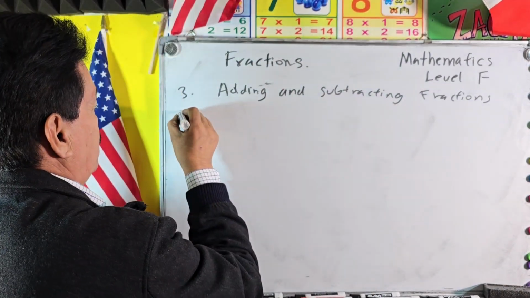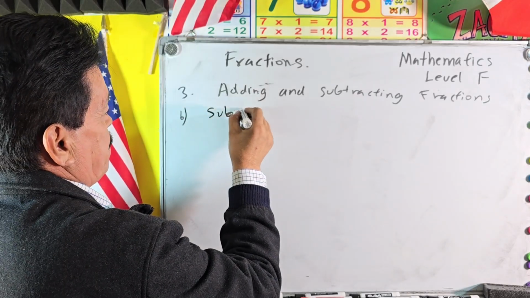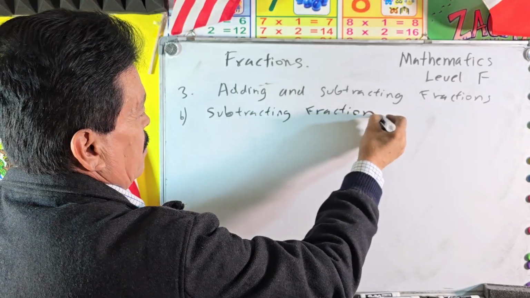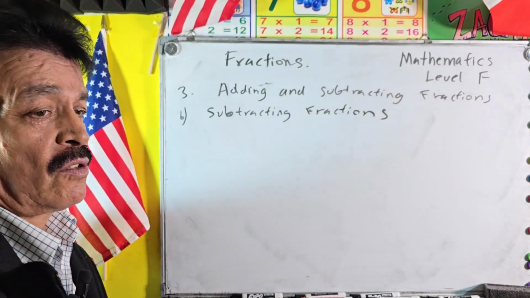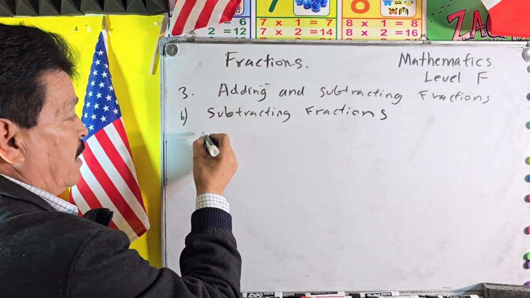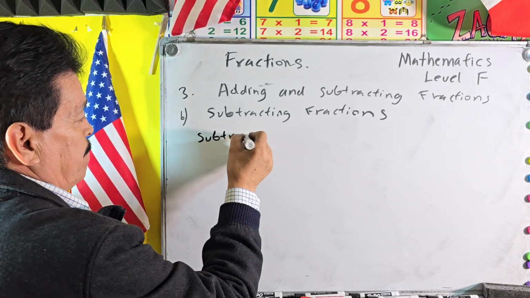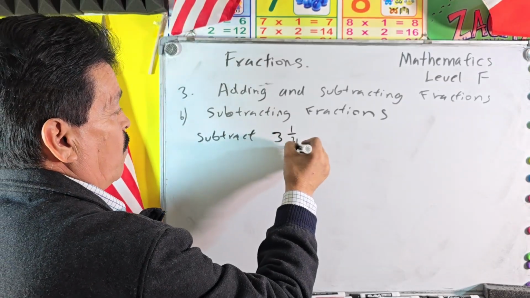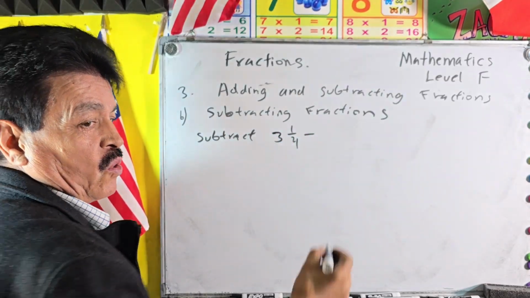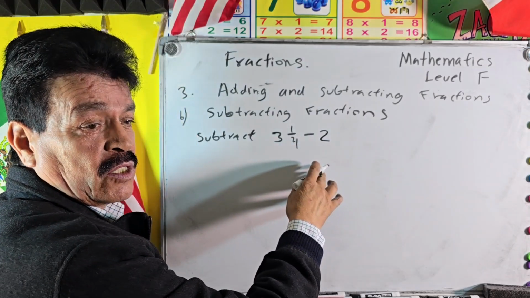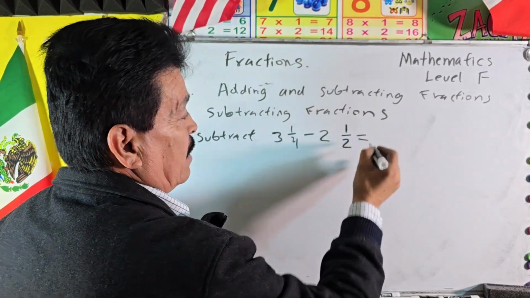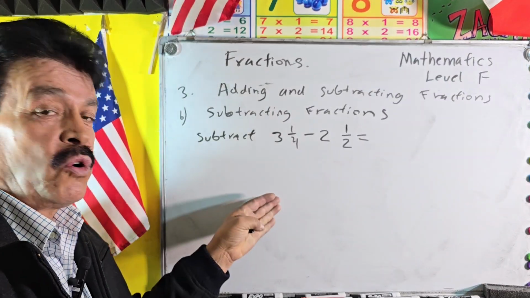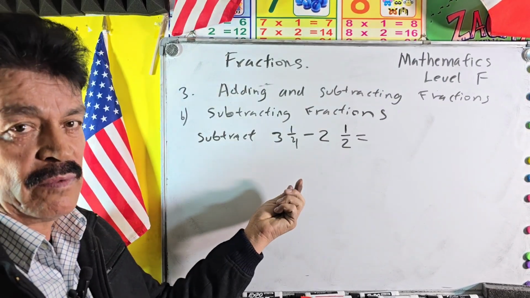Subtracting fractions, and then we have to subtract 3/4 minus 2 1/2. I will show you the whole process for finding the minimum, but here it is very easy.